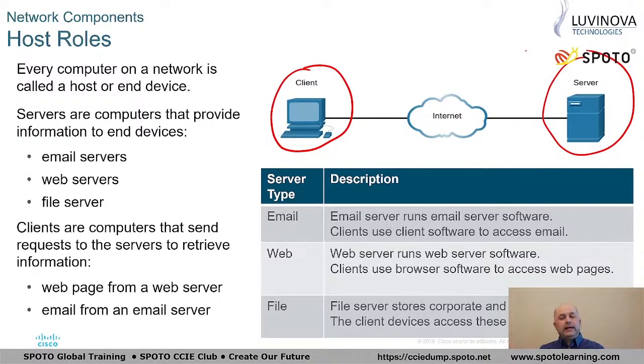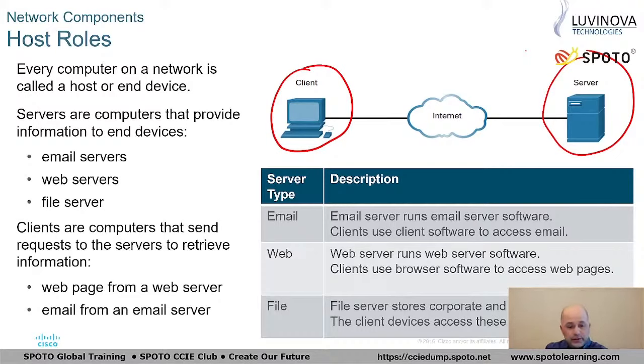So what is a client? Or we also call it end device or host. So a client could be any computer which has a user behind it. A host could be any computer, could be a server or a client. So an end device is a client.